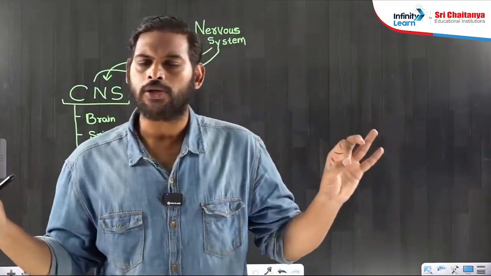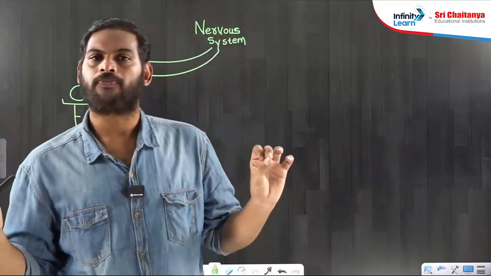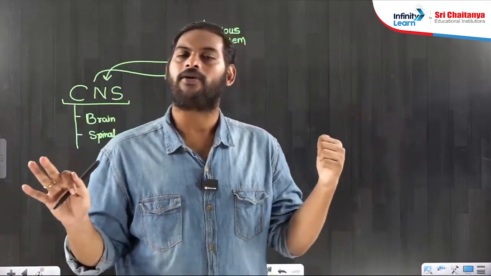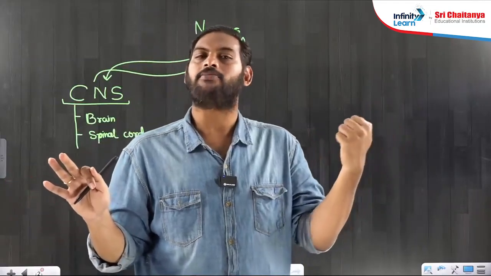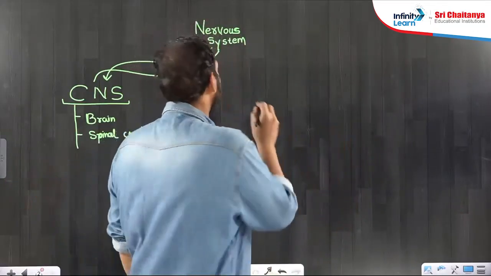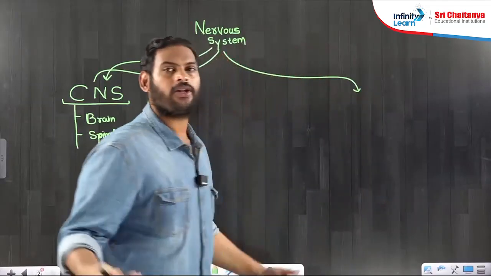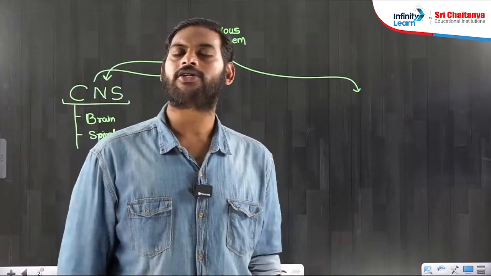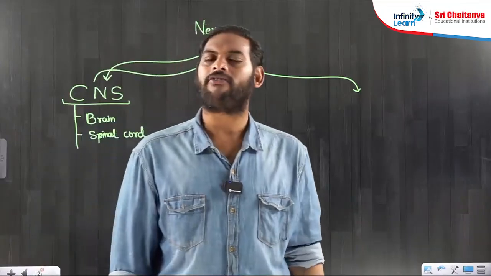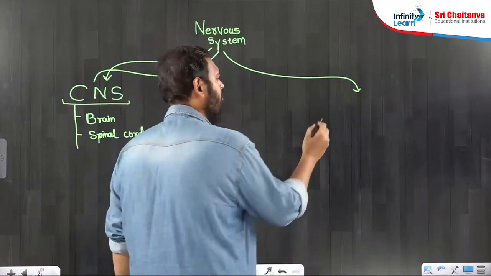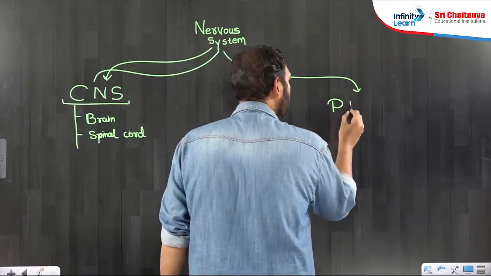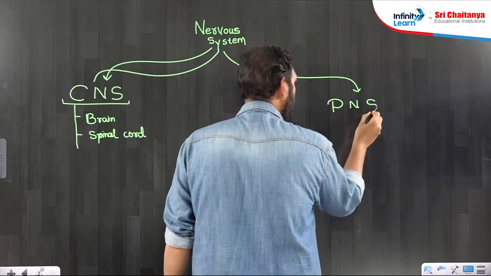All those neurons which help you to respond, react and receive stimulus, we refer to that part of the nervous system, which is in the lateral parts of your body, confined to the appendicular skeleton, as the peripheral nervous system.